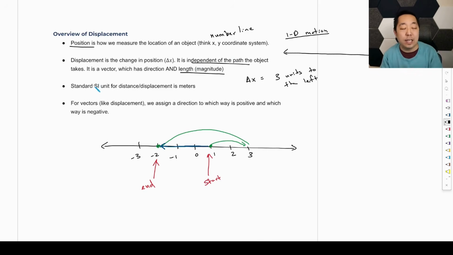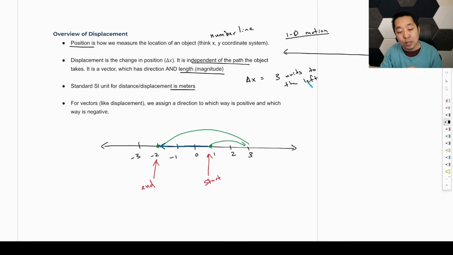Now, in physics, we have a standard unit. Standard unit of measurement is meters. So meters is the standard measurement that we use. And for vectors like displacement, we assign a direction to which way is positive and which way is negative. So rather than saying to the left or to the right, we will assign a direction.